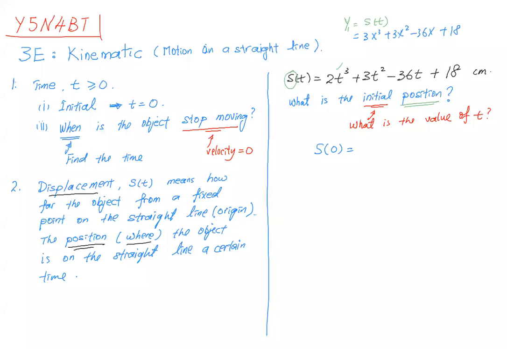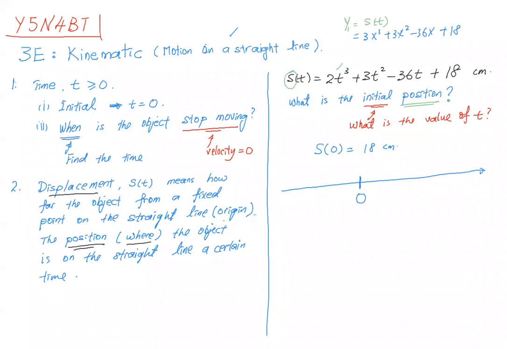18. Okay, 18 cm. So now I want to interpret this for you to know. What do I mean by 18 cm? We said this is a motion on a straight line, so this is the straight line. You can draw vertical also. I told you there is a fixed point, that is the origin.